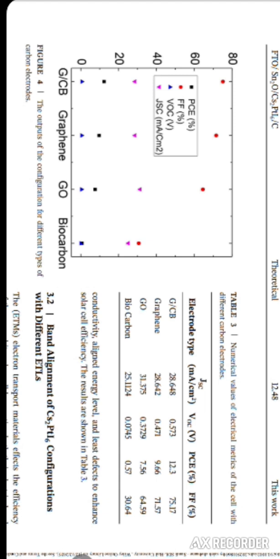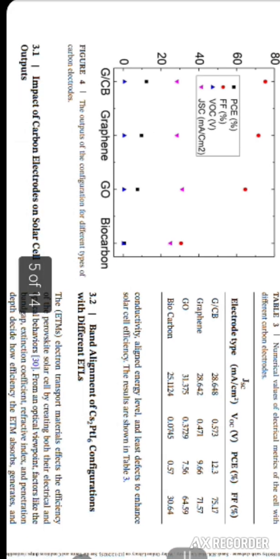with a fill factor of 75.17, V open circuit of 0.573, and J short circuit of 28.648. So they use this carbon electrode in the following simulations they did.